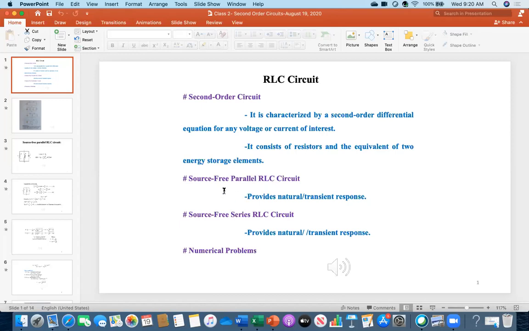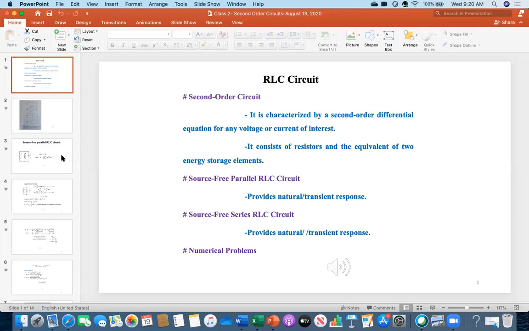Even though there is no source, it is source free, for some time it will still provide some response. That response is called the natural or transient response. And when the source is included, it is called the steady state response or the forced response.